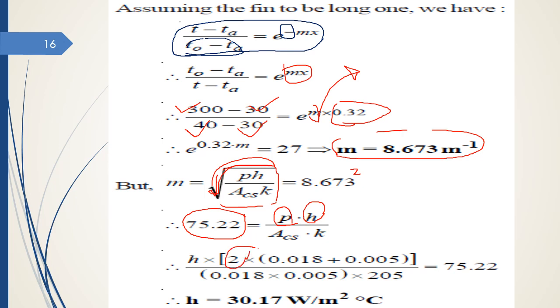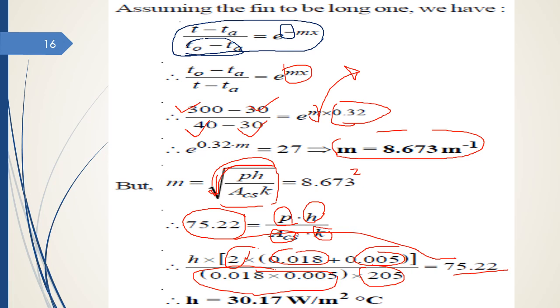So 2 into (18 plus 5). Cross section area, that is B into Y. K is the thermal conductivity, 205, and that is equal to 75.22. So we will get the required answer H, that is equal to 30.17 watt per meter square degree Celsius. This is our required answer.